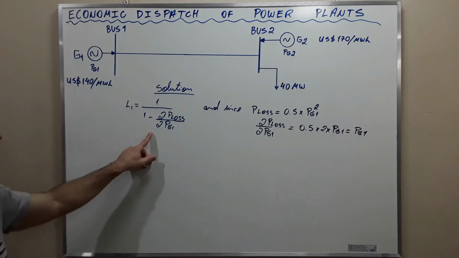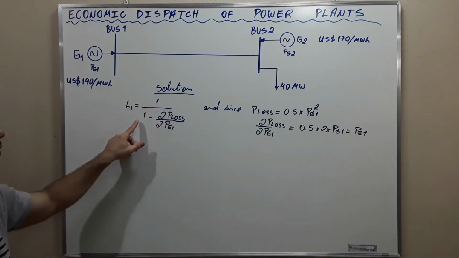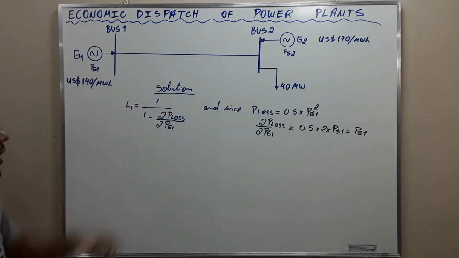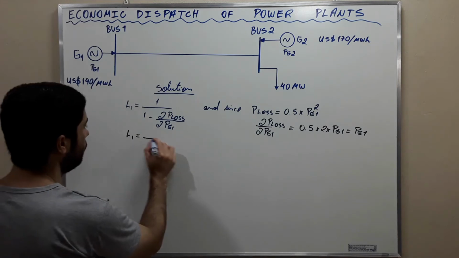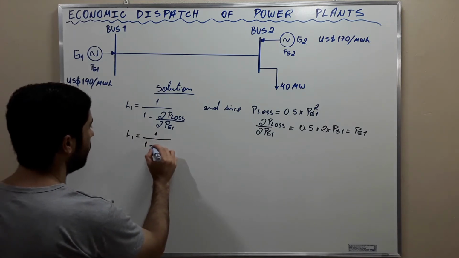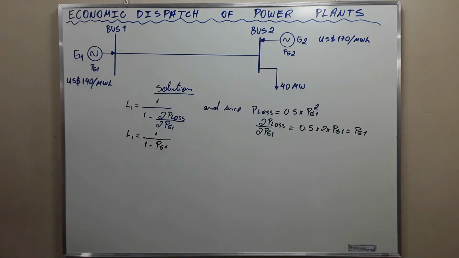Okay? Then this expression becomes 1 divided by 1 minus PG1. L1 is equal to 1 divided by 1 minus PG1. Okay?